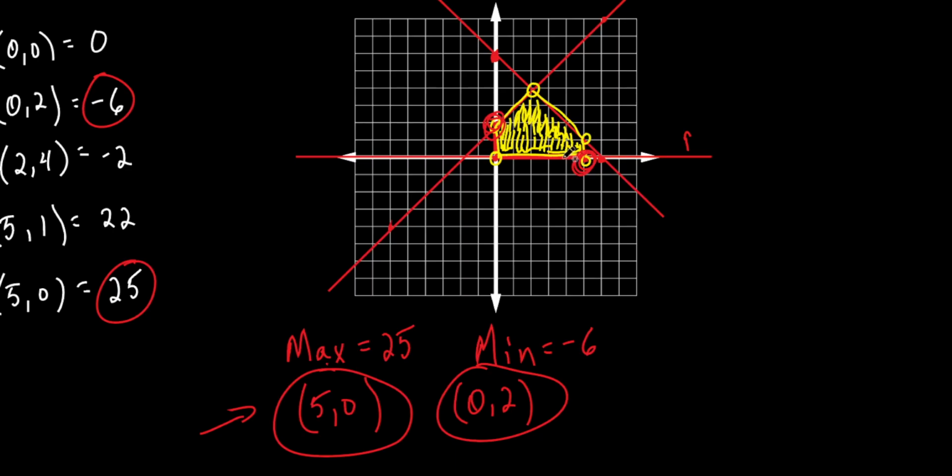This little bit right in here might have been a little confusing, popping that line up at 5, 1. But remember, this one said you can only go from 0 to 5. So if you go beyond 5, that's not going to be included in your shading. So you just pop it straight up right here.